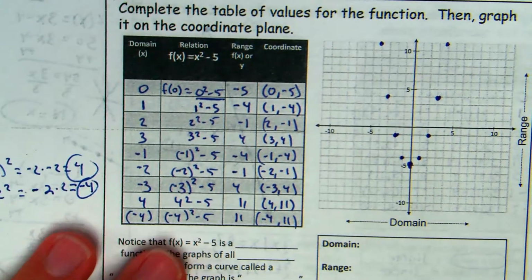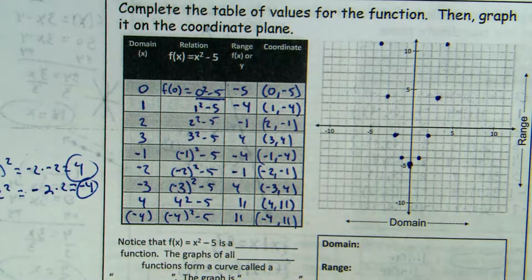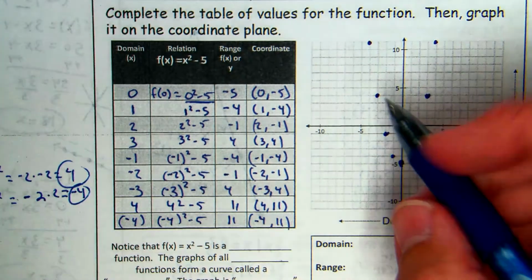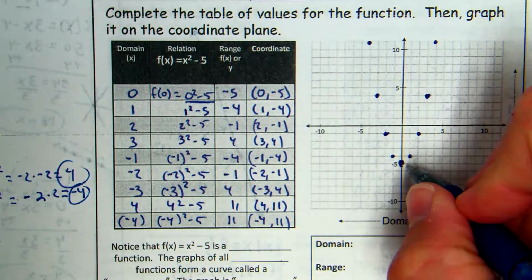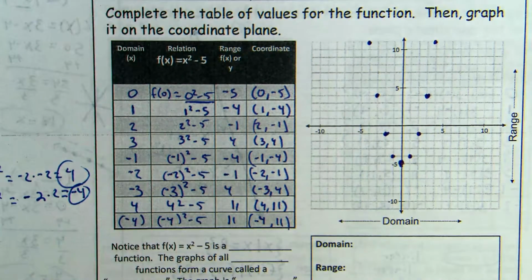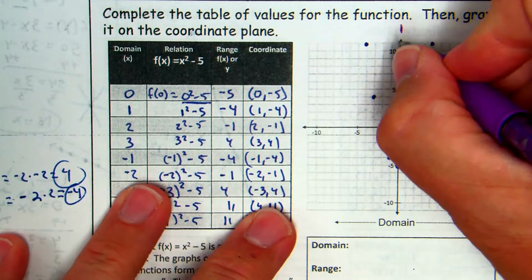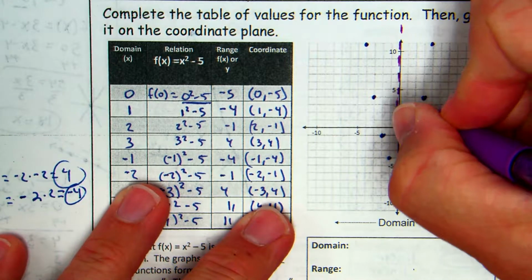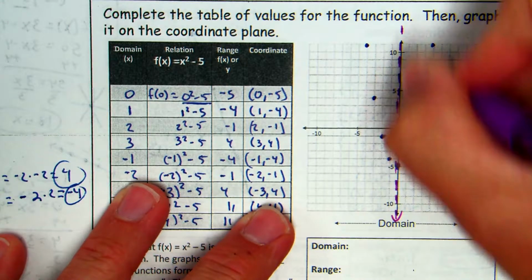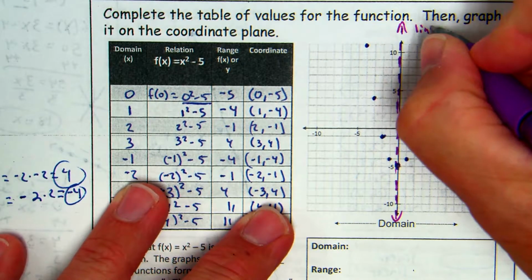Do you notice anything interesting or useful about that particular graph? Hopefully, you realize that it does have a lot in common with the absolute value function, in that one side is in fact a mirror image of the other. I'm going to go ahead and draw my line of symmetry here. This is my line of symmetry.